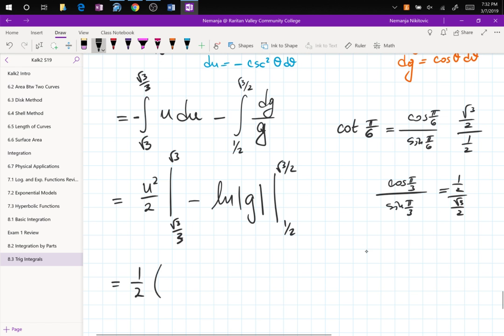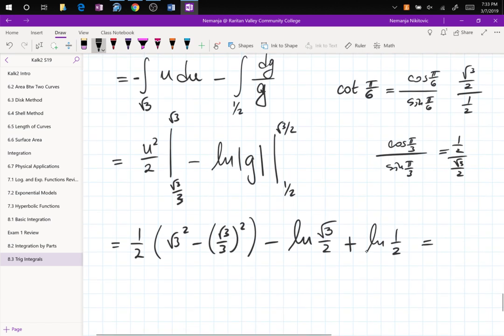So that's 1/2 of root 3 squared minus root 3 over 3 squared, minus ln of root 3 over 2. Minus and minus gives us a plus ln 1/2. No plus c now.